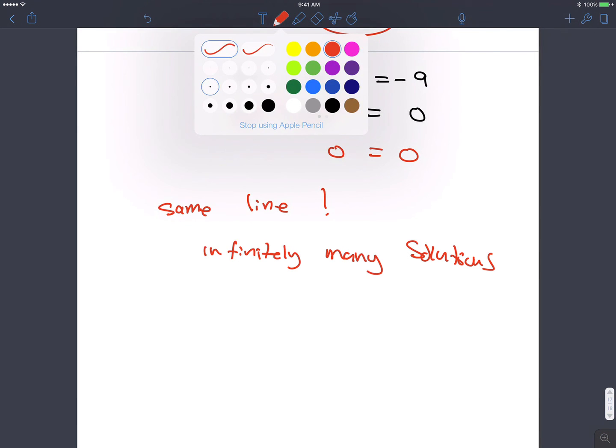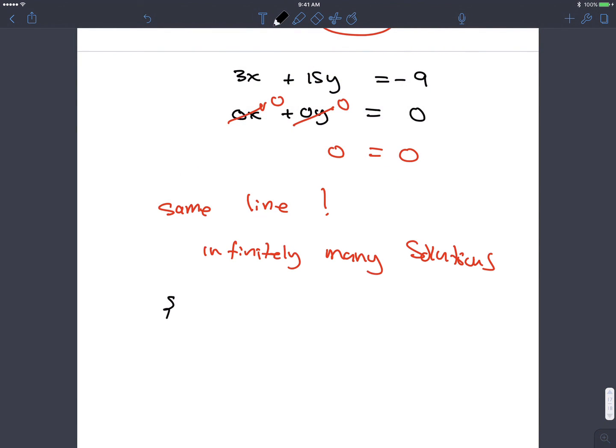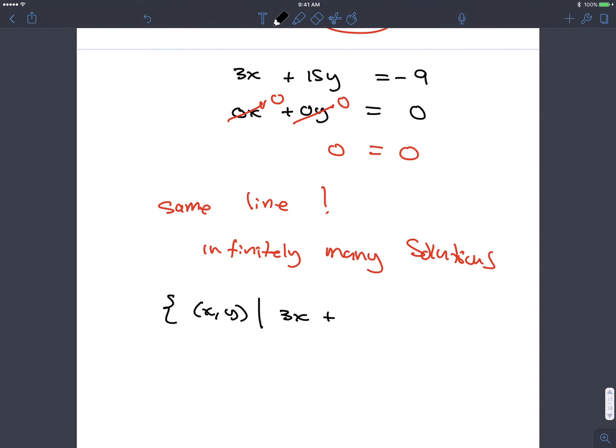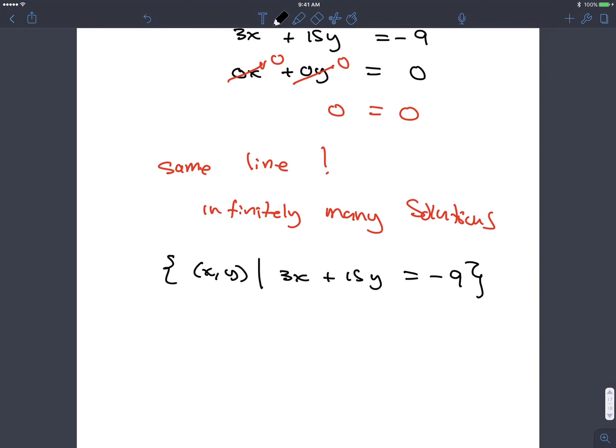And typically, how we'd express this is, in set notation, we say, here's an ordered pair x and y such that, pick any of the equations that you have. These points have to satisfy this equation for x and y. This is another way of saying that there's infinitely many solutions. They happen to be the same line.